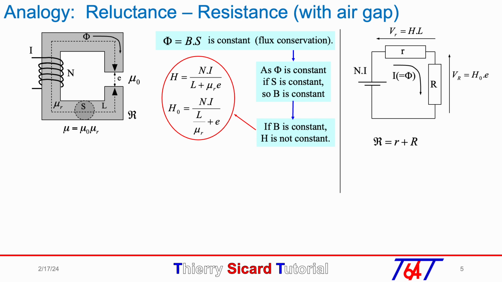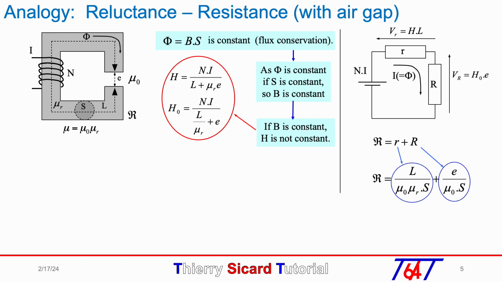The voltages across R and capital R will be H times L and H0 times E. The resistance capital R represents the air gap reluctance if we assume in first order that the section in the air is close to the section S, due to the fact that E length is very small compared to S. The resistance R represents the reluctance of the magnetic circuit.